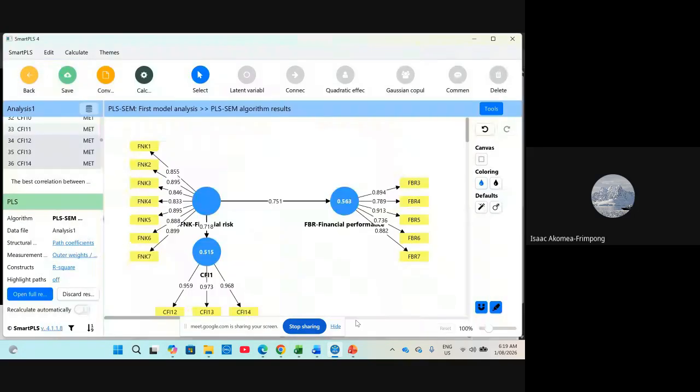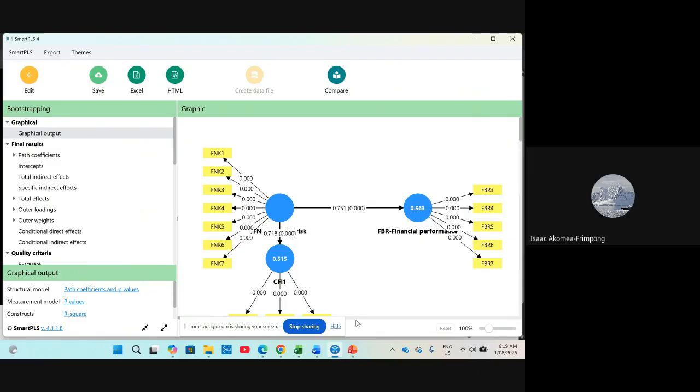So one, the data set could be the reason. If you don't have enough data, it could be the reason why the hypotheses are not supported, and that means you need to collect more data. Two, it could be that how you formed the hypothesis, there are issues. I mean you were supposed to go left, but you went right.